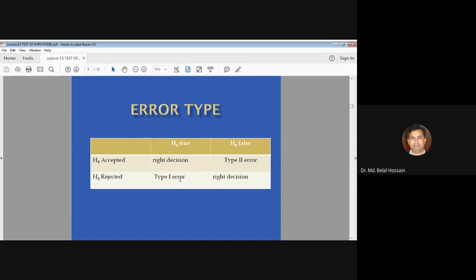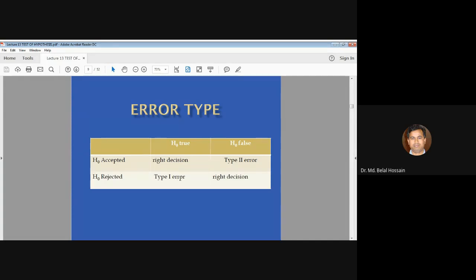Okay? But most of the defaulters are not punished here. But that is a serious offense. You are punishing an honest man. So this type 1 error is more serious than type 2 error.